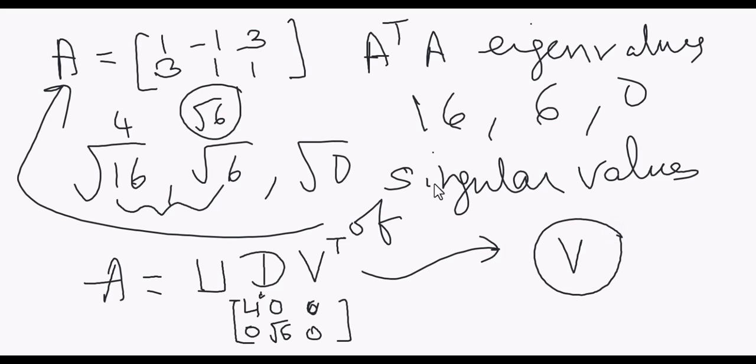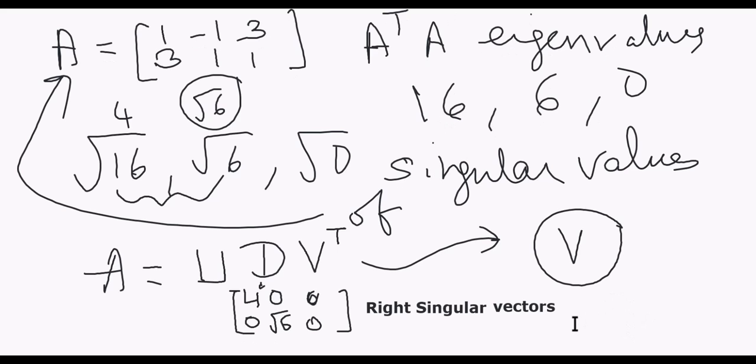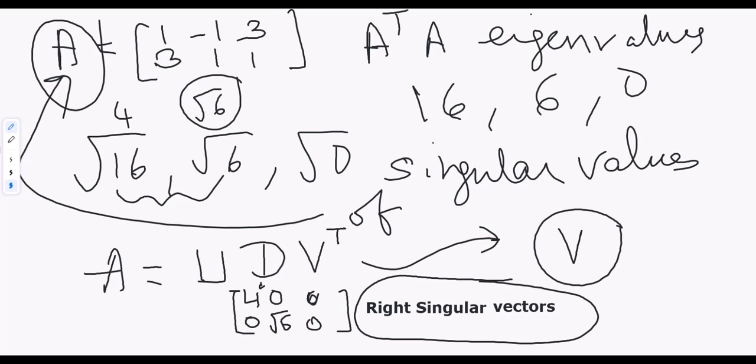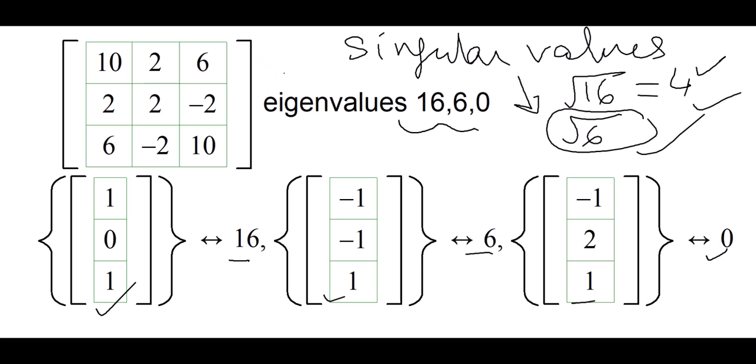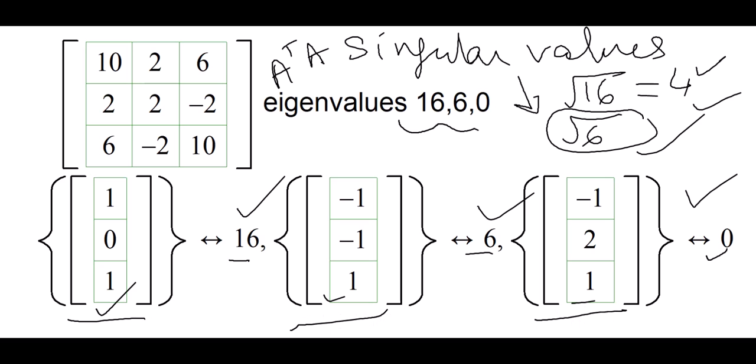Now we are going to construct our matrix V. And remember, if you remember from your readings, the columns of V are called the right singular vectors of the matrix A. A way to obtain these right singular vectors is this. You write the eigenvalues of A^T A in decreasing order, and write some eigenvectors of these, like here is an eigenvector of 16, and that of 6, and that of 0.